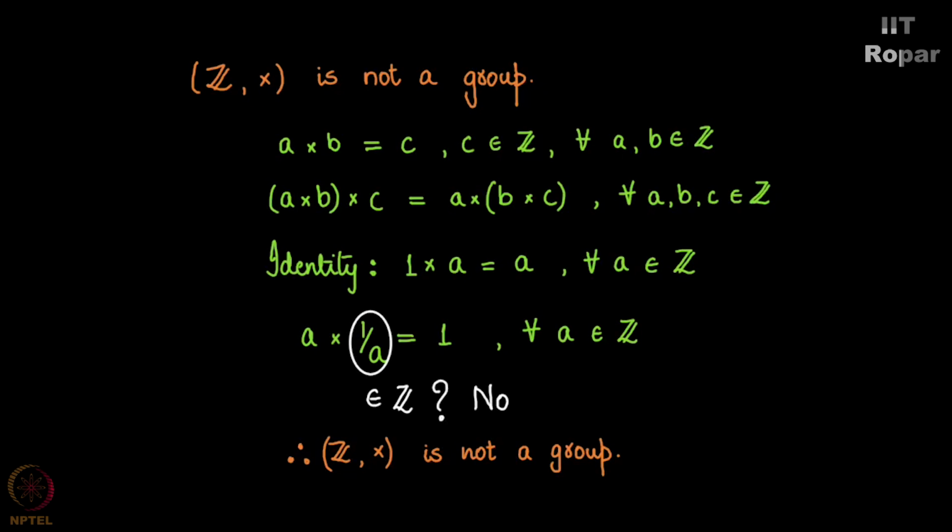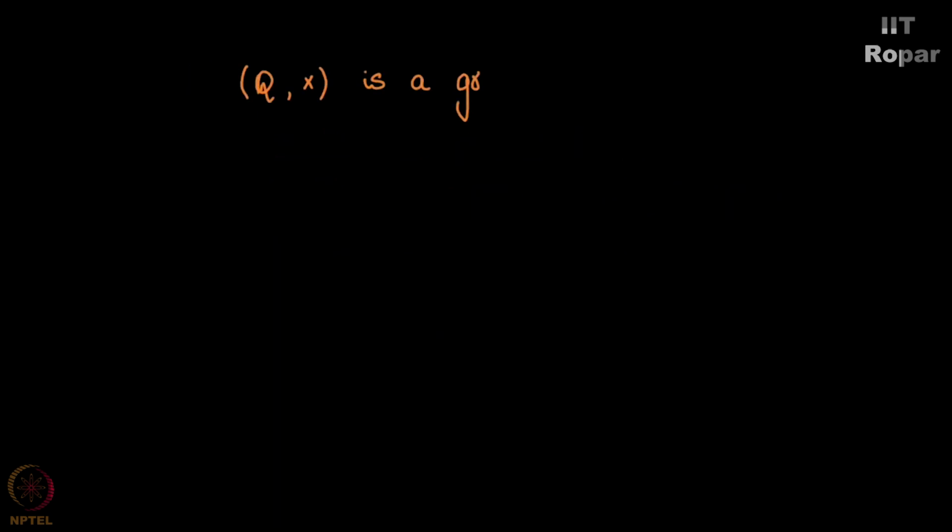You might want to pause the video and watch it once or twice. Let us see if Q under multiplication is a group. Yes, it is. How? Closure, associativity, identity is 1. Inverse will also exist. Closure is satisfied.